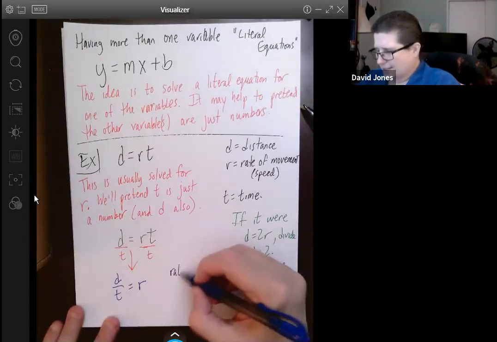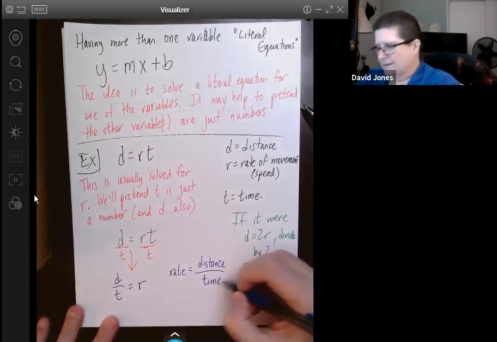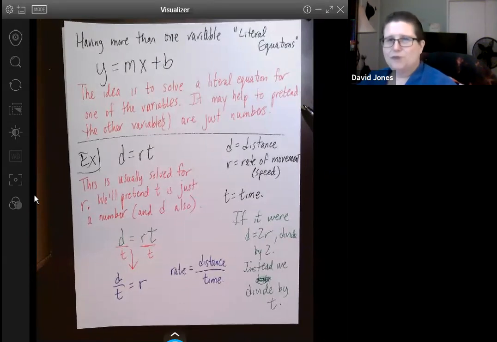Rate equals distance over time. And you know this, you've heard this. If you haven't heard this, you've never traveled anywhere, not even in a car.